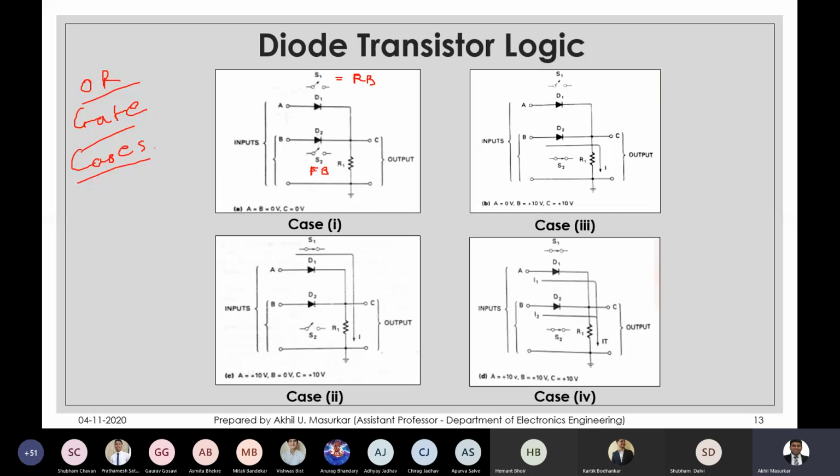Sorry, here also it is reverse biased. This is reverse bias. This is forward bias. This is FB. This is RB. And here both are forward biased. So please copy this, and I'll give you another 5 minutes to do so.